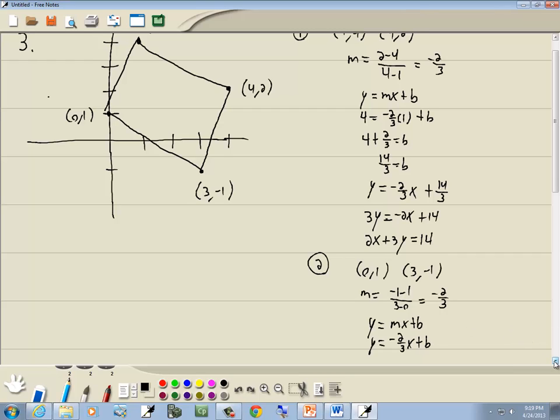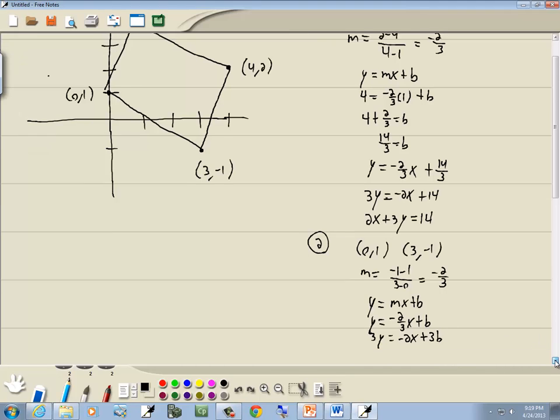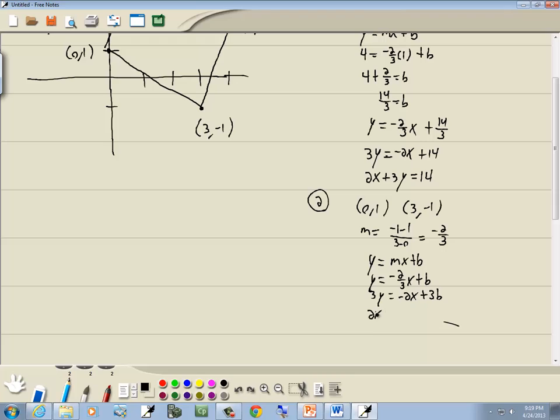And if I multiply everything by 3, I'm going to get 3y equals negative 2x plus 3b. And if I take that negative 2x over now, we get 2x plus 3y equals 3b. Like I said, we don't really care about the b on this.